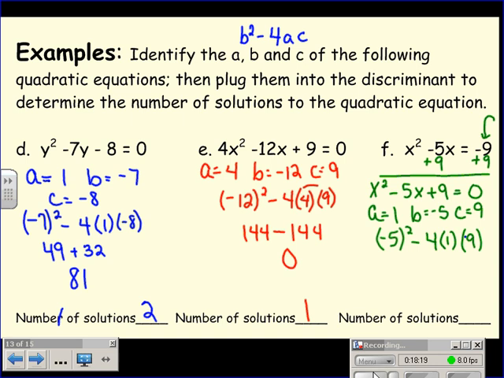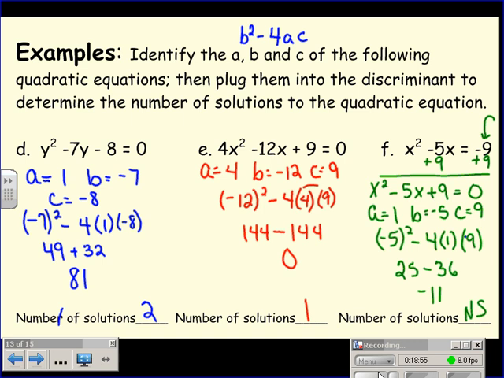This is going to give me a positive 25 minus 4 times 9 is 36, so minus 36. 25 minus 36 is going to be negative 11. If I have a negative number underneath my radical, my discriminant, that would mean I have no solution. So this answer would be no solution.